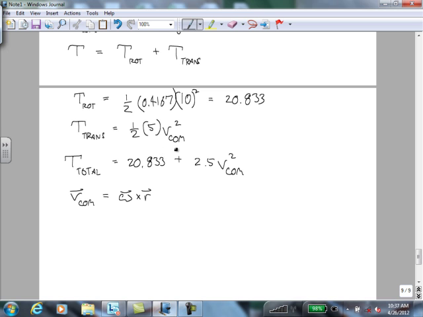I guess I didn't give an angle, but omega is going to be 0, 0, 10, and that R vector we could think of as straight up, so 0, 0.5, 0.